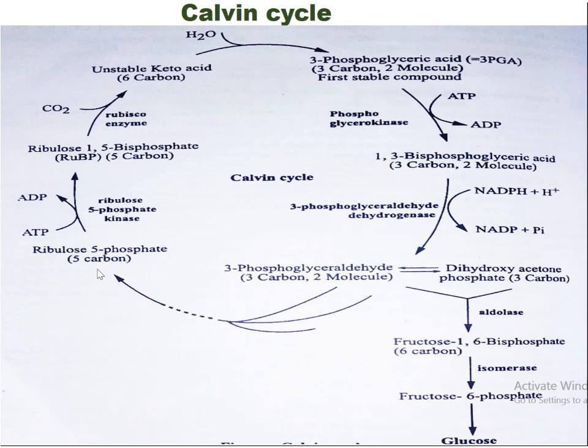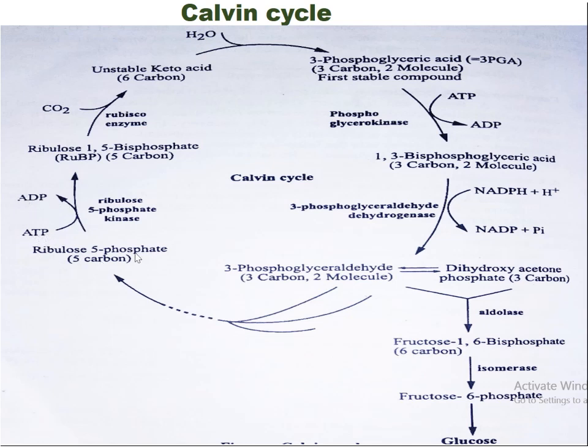Several reactions take place here, and after this ribulose 5-phosphate production, in the presence of the enzyme ribulose 5-phosphate kinase, it receives one molecule of phosphate from ATP, and ATP turns into ADP.